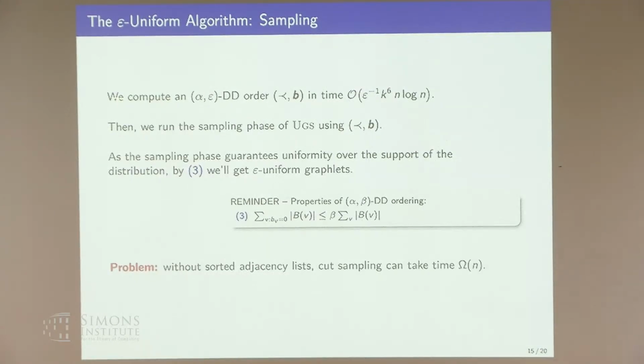If we could run the original sampling phase of the uniform algorithm, that just performs rejection sampling and ensures uniformity of the samples by construction, and since by the third property of this object, we know that the buckets whose estimates are greater than 0 contain at least a 1 minus beta fraction of all graphlets, then if I set beta to be epsilon, the sampling phase will sample from a population that is all graphlets minus a beta fraction.